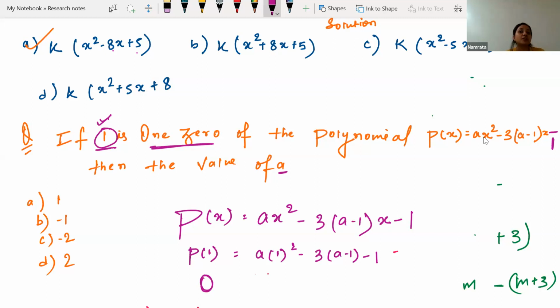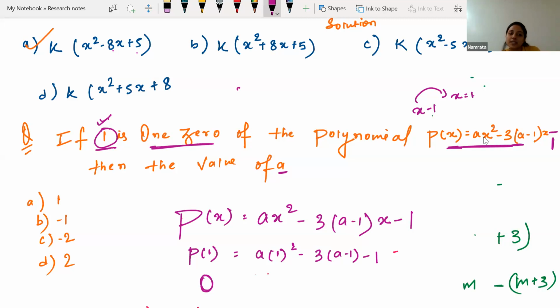That's what the remainder theorem says. Can you recall, in the previous class you have done the remainder theorem and factor theorem. The remainder theorem said that rather than doing the whole long division method, we can substitute. If we have to divide this polynomial by x minus 1, we can take out the x value from here, that is 1, and substitute it over here. If the remainder is 0, then x minus 1 is one of the factors of this polynomial.